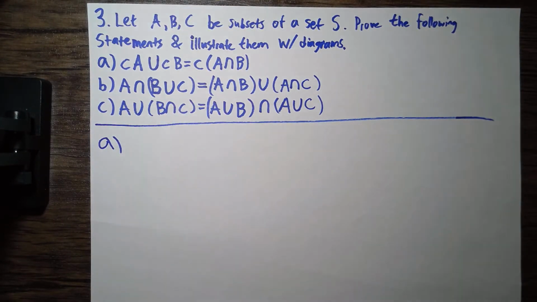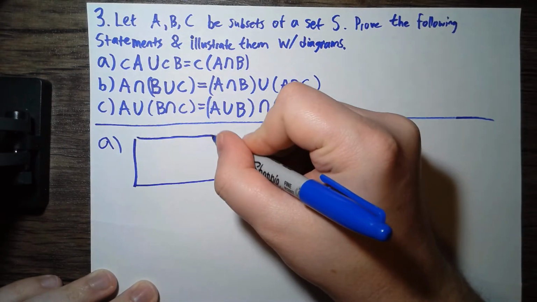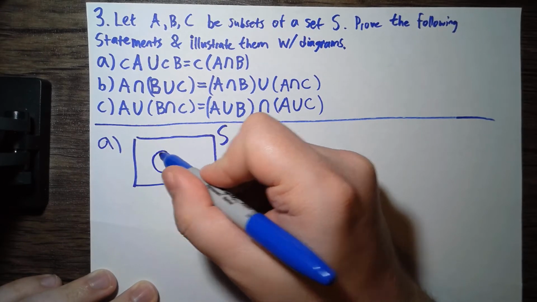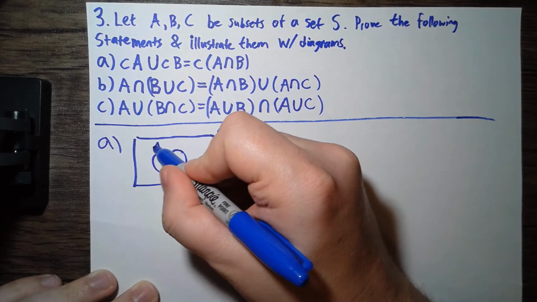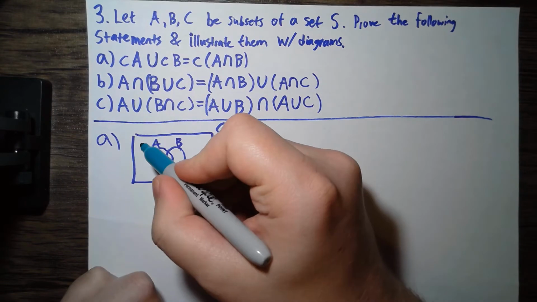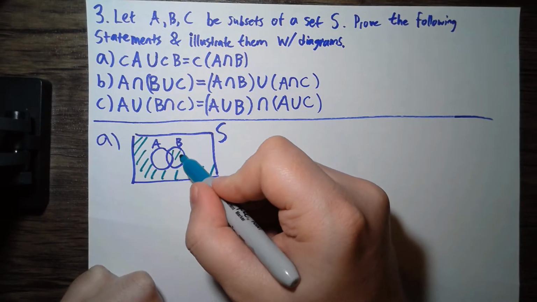the complement of A union the complement of B is the complement of A intersect B. So we have that these are subsets of some set S, and if we think of this as A and B, well, then the complement of A is going to be everything that's in this green.